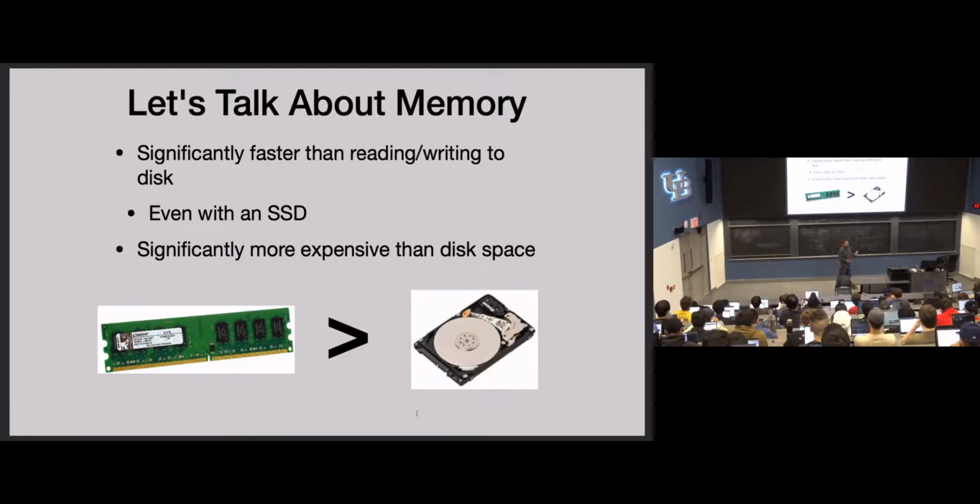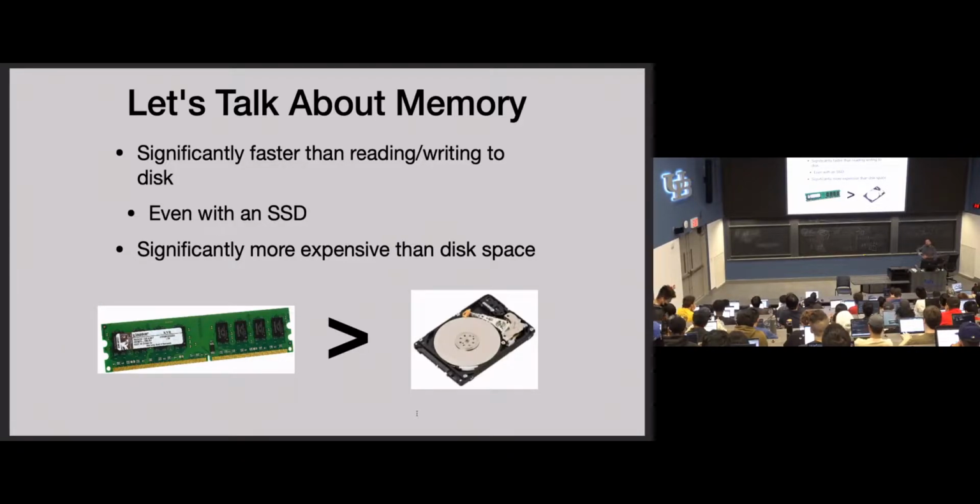They're both ways of storing data, but RAM is made to be much faster. This is like our working area where our programs are actually going to do the work, and then disk is for more long-term storage. Our cities.csv file is going to sit on the disk, but once we read that, we're going to read it into memory to be able to work with it, because working on disk is very, very slow.